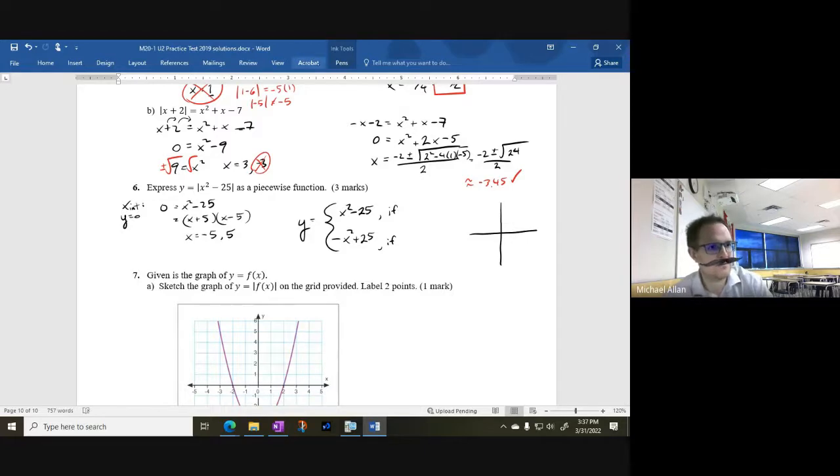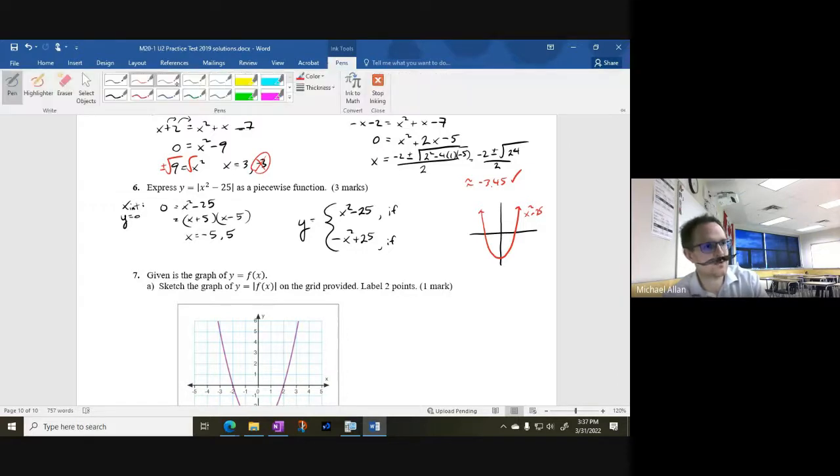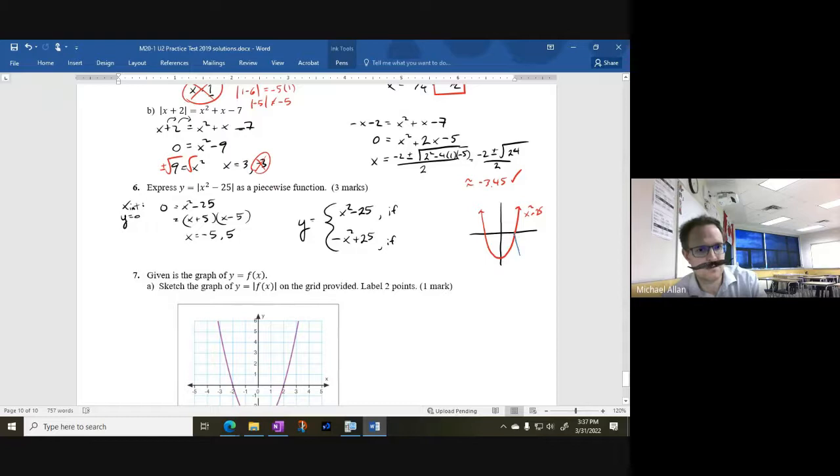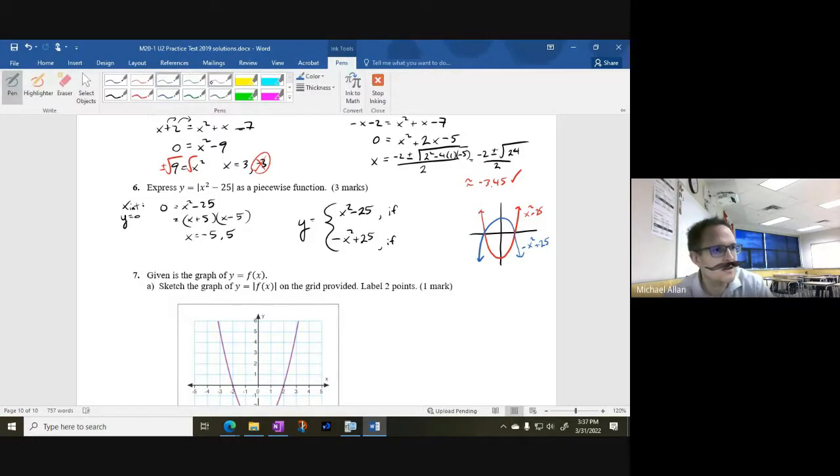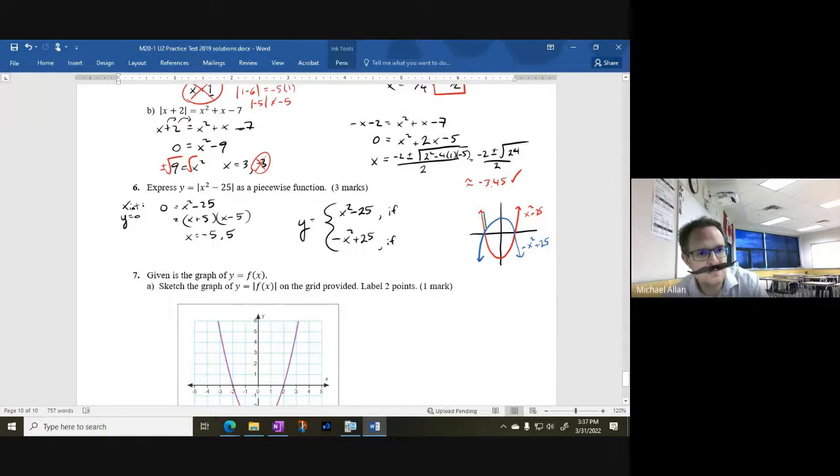So we have a quadratic that's going like this. That's the x squared minus 25. And then we have another quadratic like this. That's the negative x squared plus 25. And our absolute value is just this piece here.